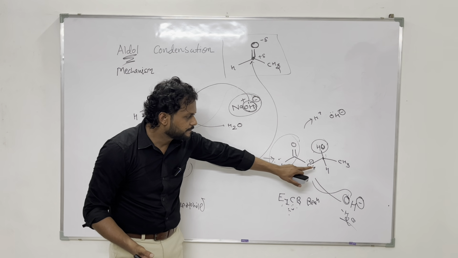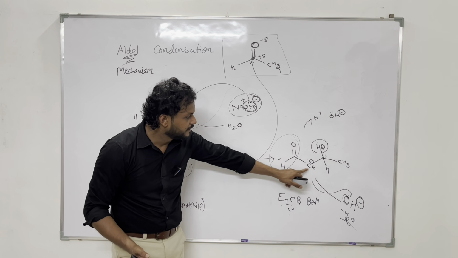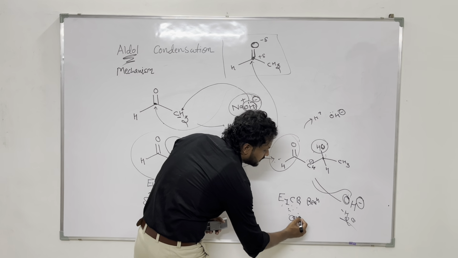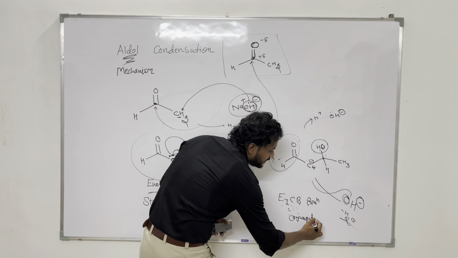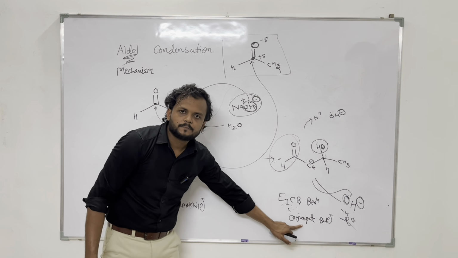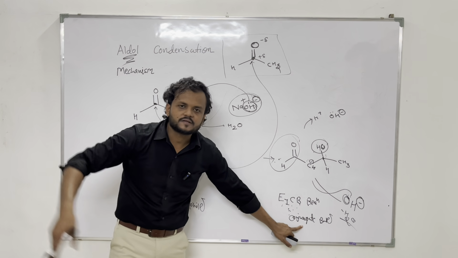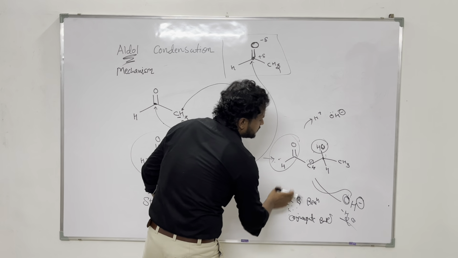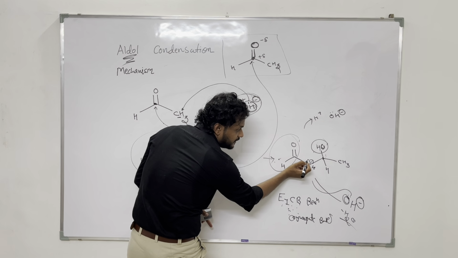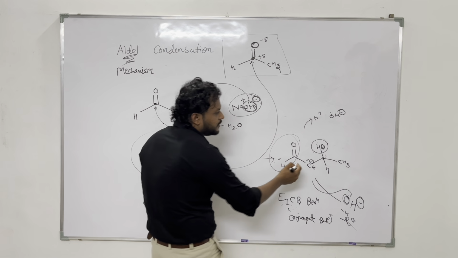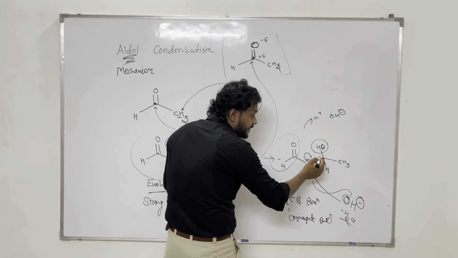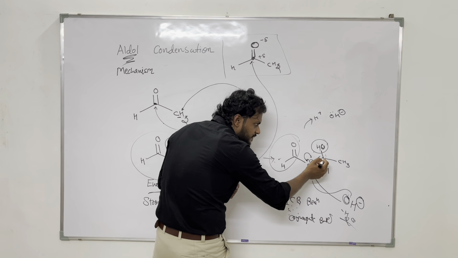Now this enolate ion is our conjugate base, E1cB, the conjugate base. I explained to you that more stability of the conjugate base makes alpha hydrogens more acidic. Now this conjugate base enolate has this electron density, and this electron density will make a double bond between this carbon and this carbon.